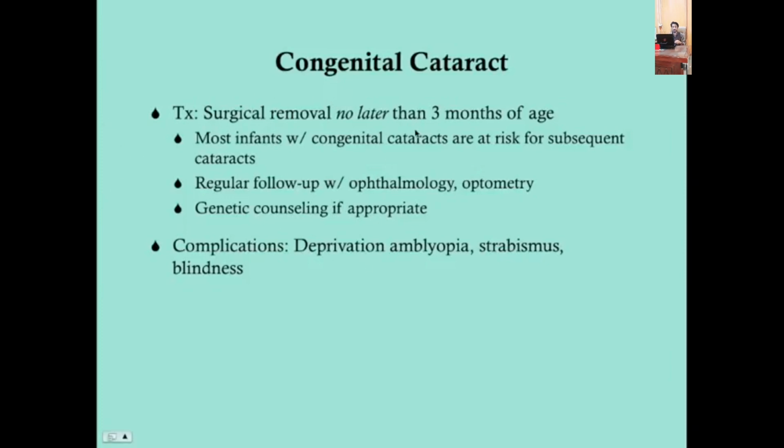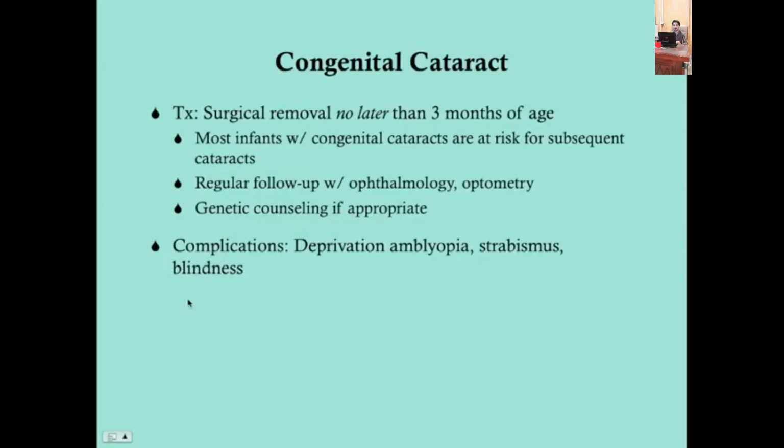The cataract itself is not so much a problem as the complication, which is uniformly going to be deprivation amblyopia if the congenital cataract is not treated. And the neuroocular system really does a lot of growing and developing in that early period, and so that's why we want to get this taken out quickly.